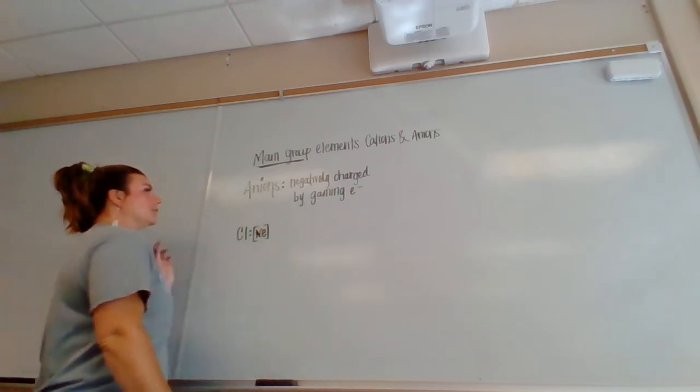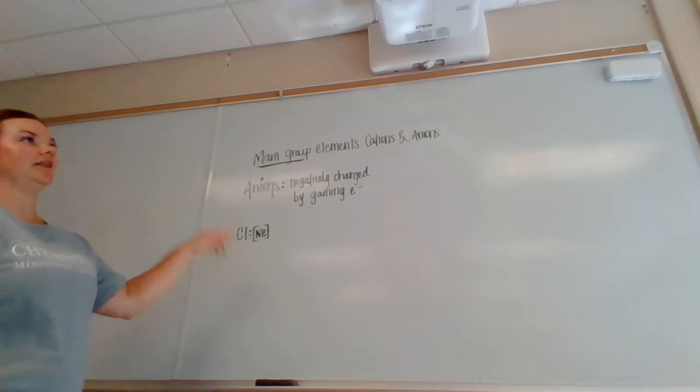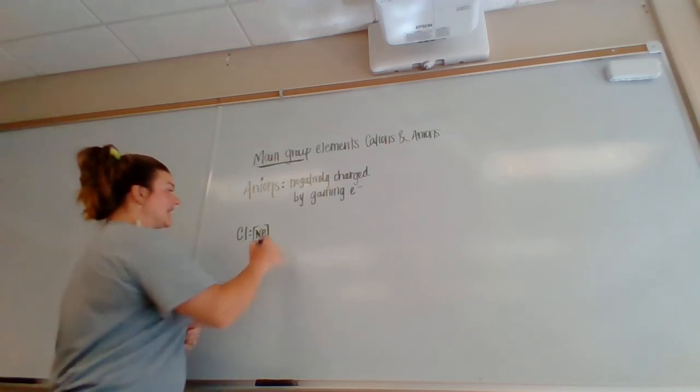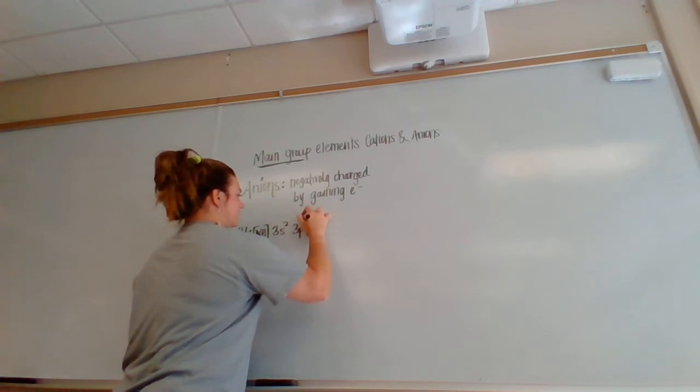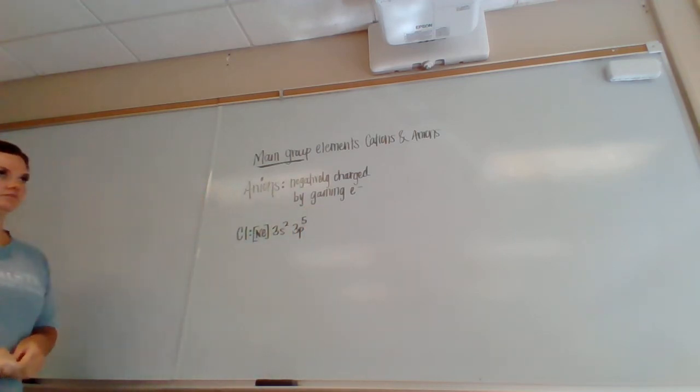All right, normal chlorine would be neon 3s2 3p5.